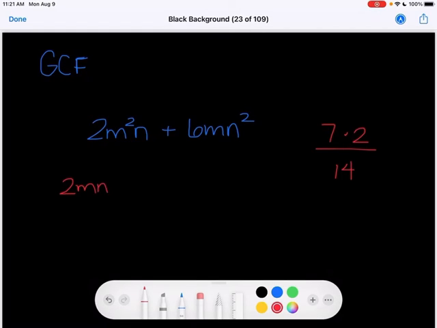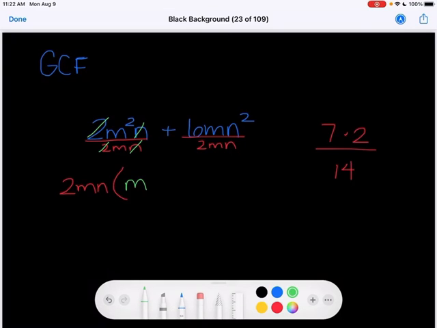That is my GCF. So the first thing is you take out your GCF, and then you put a parenthesis here. We need to see what's left over after we factor that out. So you divide both of these terms by that 2mn. So the 2's here would cancel. M squared divided by m would just be m, and then the n's also cancel.